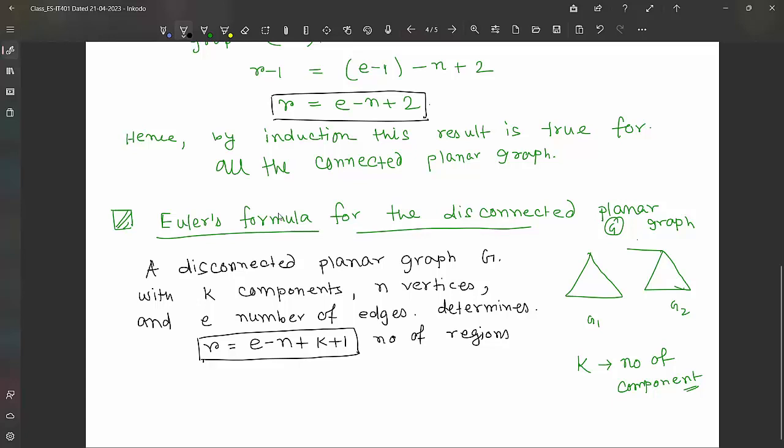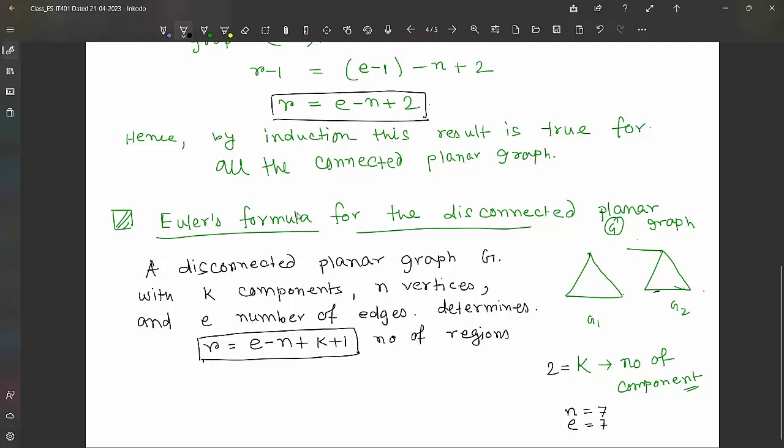You can verify it by using this graph. No proof is needed, just for verification, you can see for this graph, what is the number of n? 1, 2, 3, 4, 5, 6, and 7. 7 vertices are there. What is the number of edges? E is equal to 1, 2, 3, 4, 5, 6, and 7.